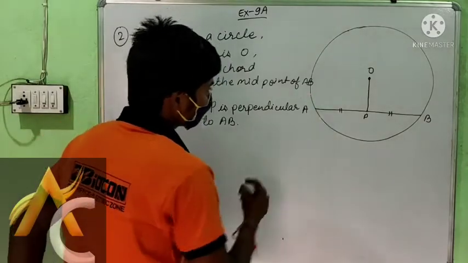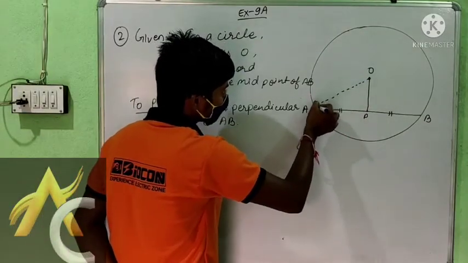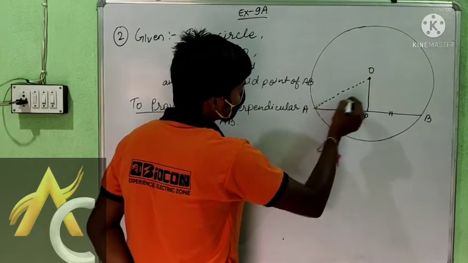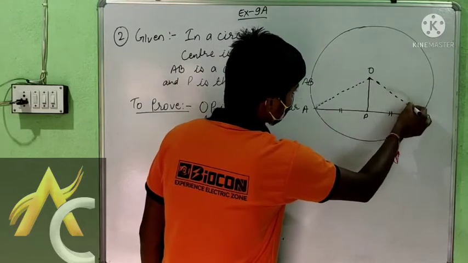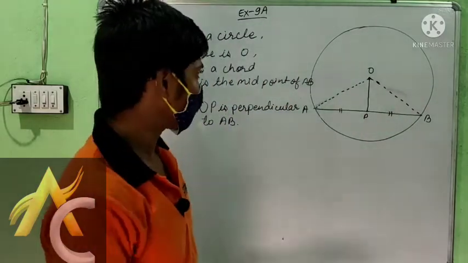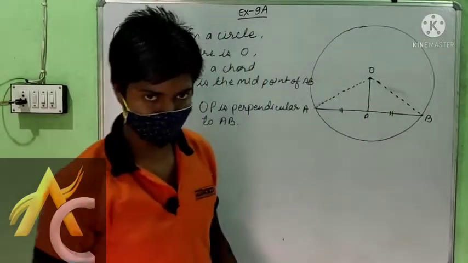So in this figure, if we join OA and OB, then these form two triangles. Now we are going to try to prove these two triangles congruent.